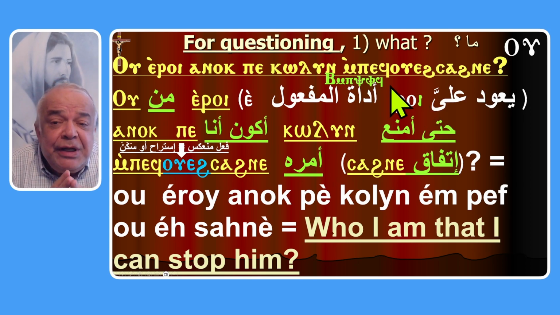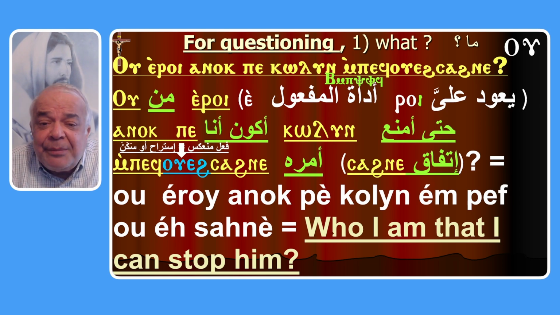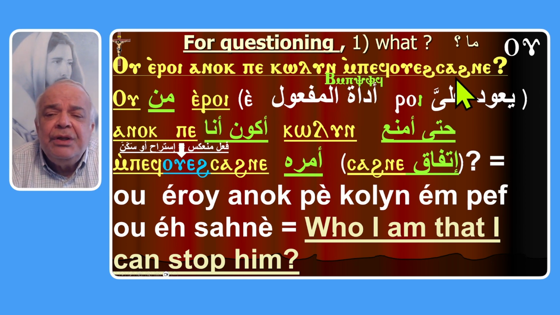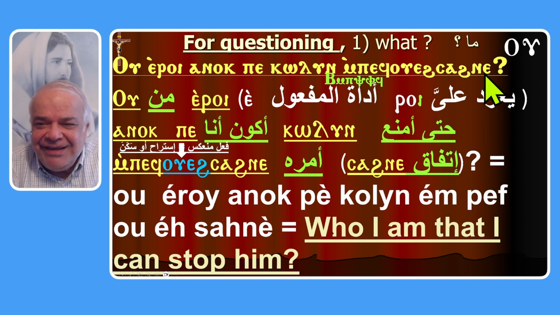Here, the expression in Coptic is much more detailed and much more deep and much more expressive than in English or in Arabic. If I want to translate it correct, I will say, who I am that I can stop him from his preferred decision. You see?